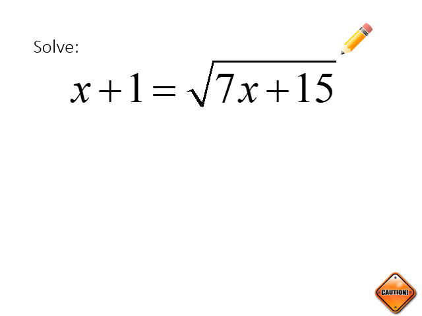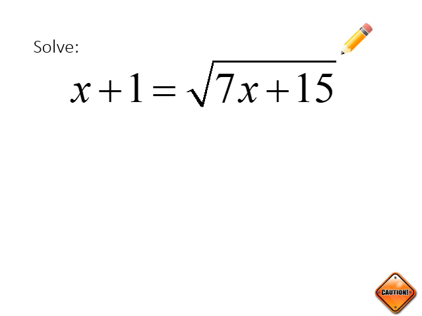So on one side of my equal sign, there are no operations outside of the radical. So I'm allowed to take the square root right away of both sides, not square root, I'm sorry, squared.